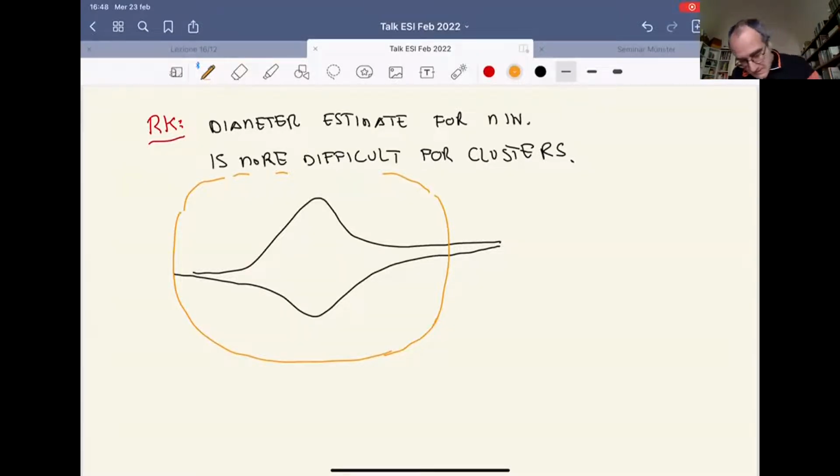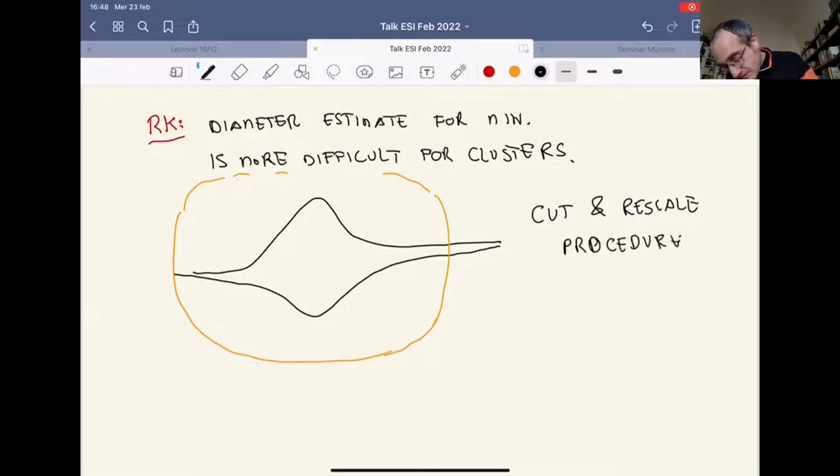You cut with a ball, and the procedure is just a cut and rescale procedure. So you cut with the ball, you rescale, you compare the perimeter because you had the minimizer, and you get an ODE, essentially, which gives you that either you have density estimate or you have a diameter estimate. So in some sense, it's a simple idea.